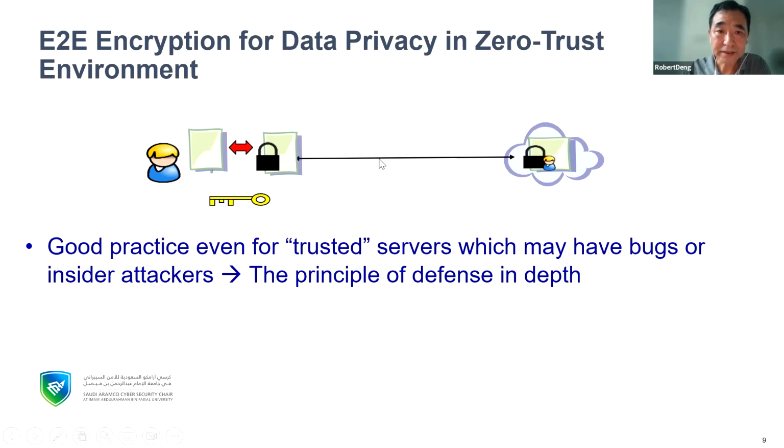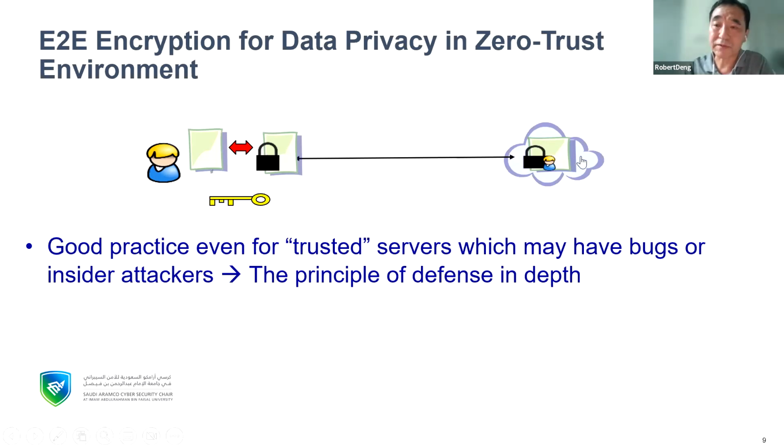So this chart shows on the left, we have the user. Before he uploads his data to the cloud, he will perform encryption of the data on his computer and upload ciphertext to the cloud. The ciphertext is stored in the cloud, in the service provider.